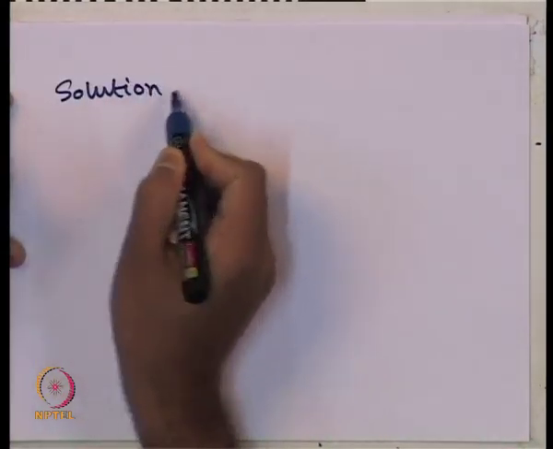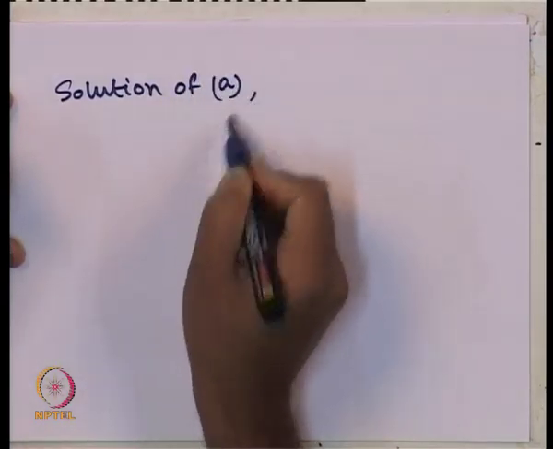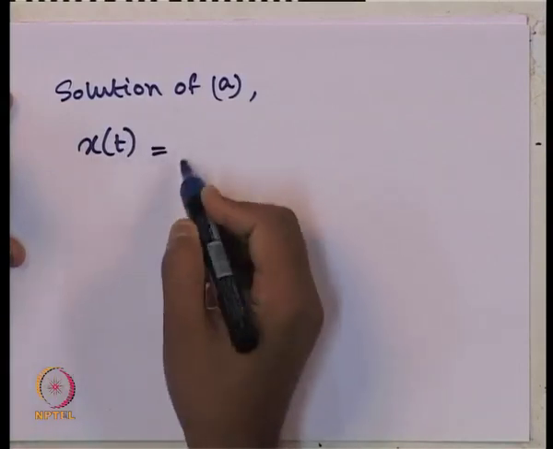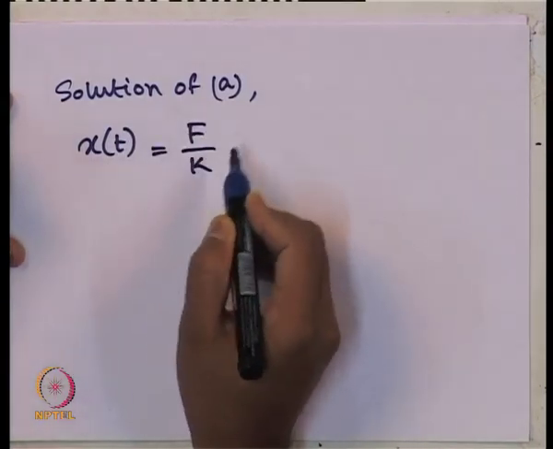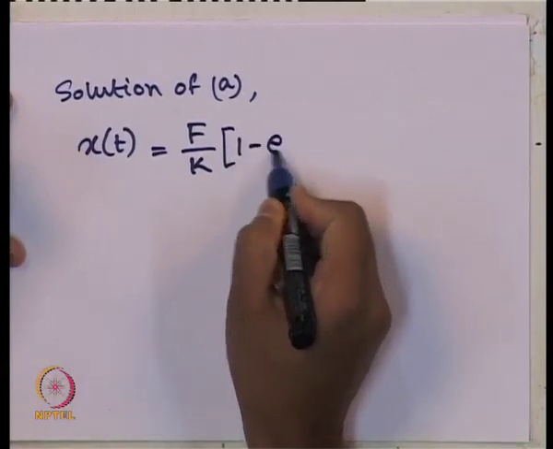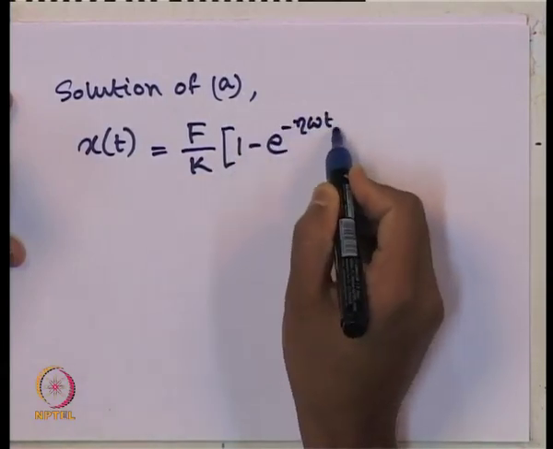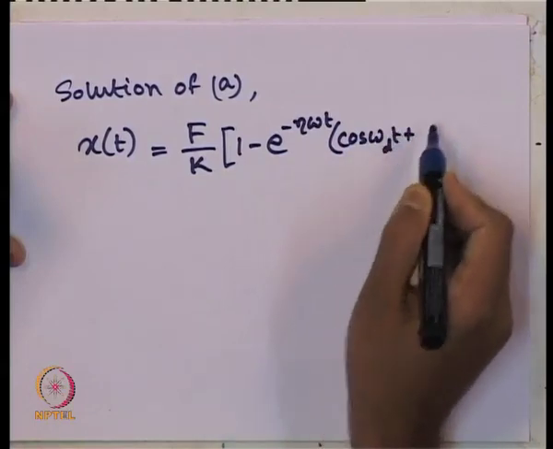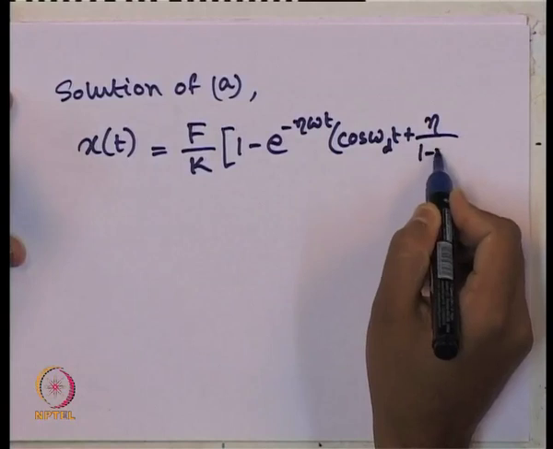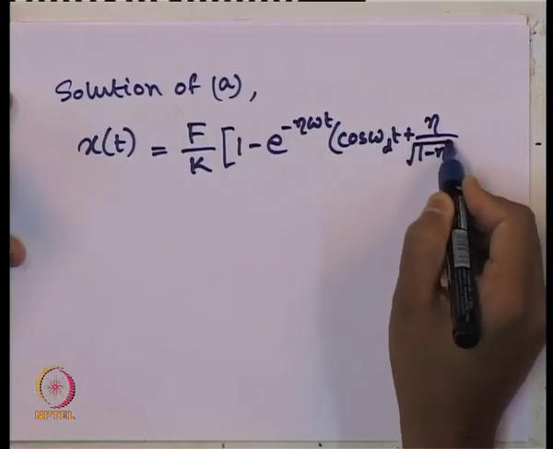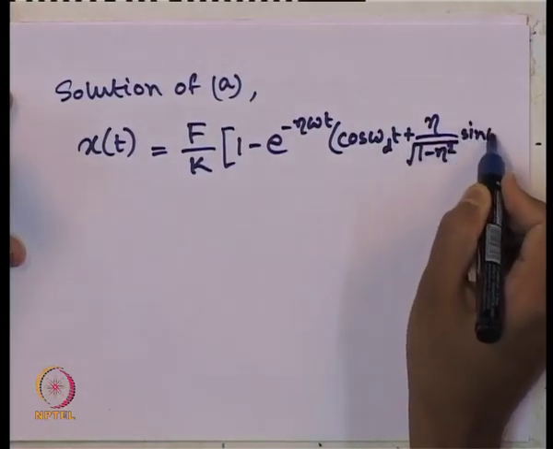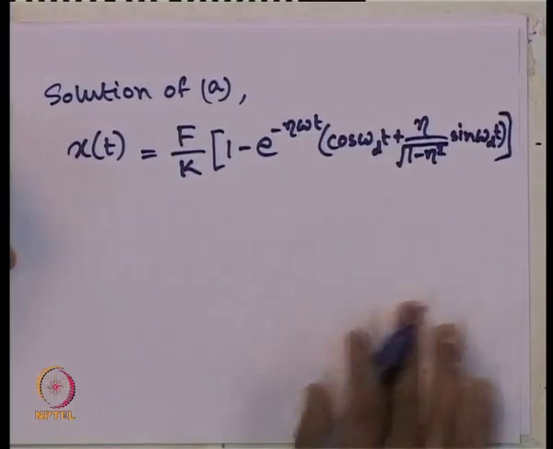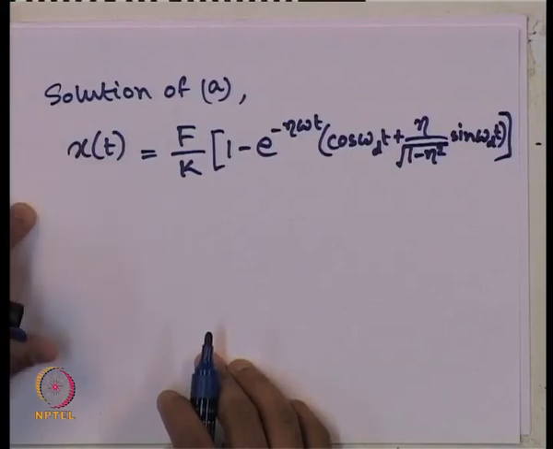What was the solution? The complete solution x of t is equal to f by k into 1 minus e to the power minus eta omega t, cosine omega d t plus eta by square root of 1 minus eta square, sine of omega d t. That was the complete solution for part A.